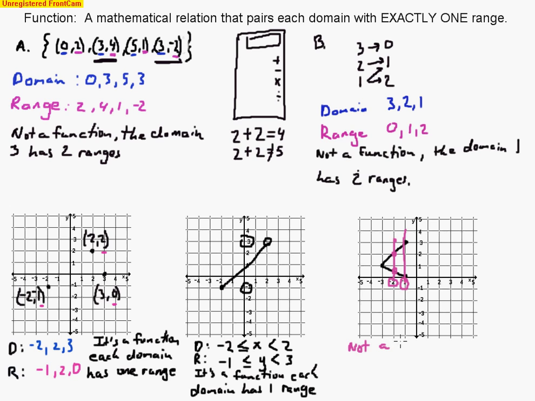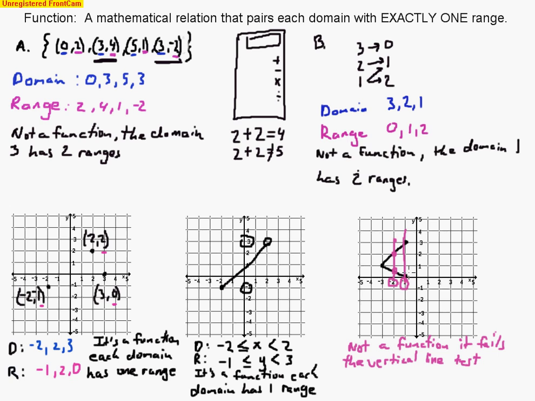Not a function. And the reason it's not a function is because it fails the vertical line test. And so the vertical line test just shows that that point there and this point here line up vertically.